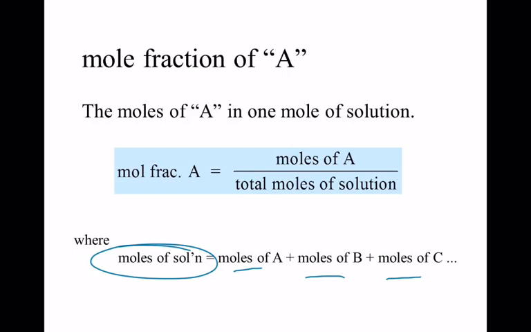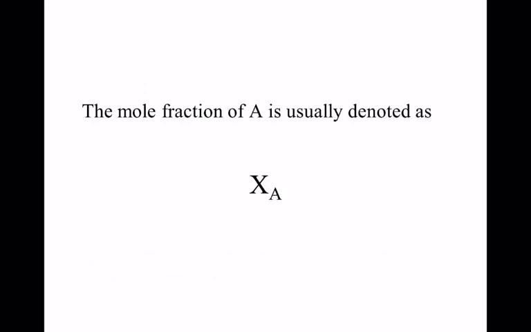That number goes in the bottom, and you divide by the moles of the component of interest. That will give you mole fraction, which is more common than mole percent. For mole percent, you just multiply this by 100. Mole fraction is usually X, with a little subscript for what the component is. So mole fraction of A would be that.